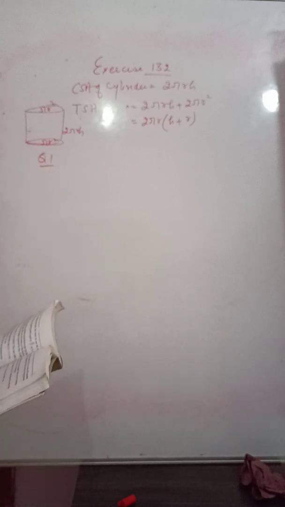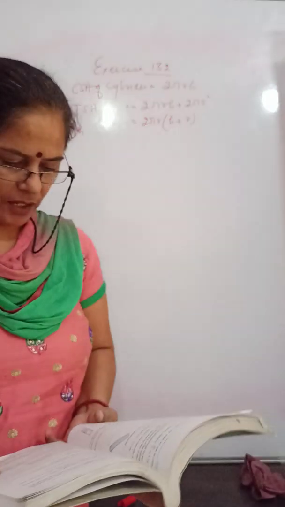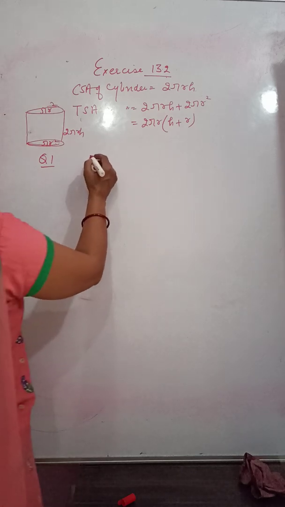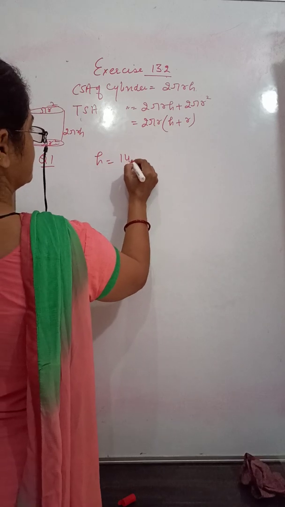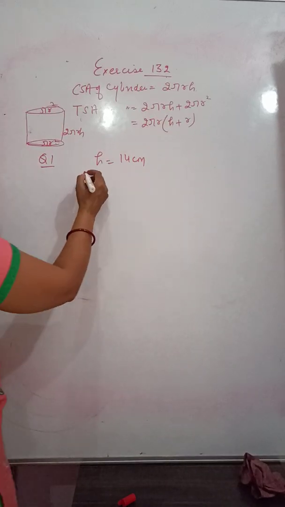The curved surface area of a right circular cylinder of height 14 centimeter is 88 centimeter square.